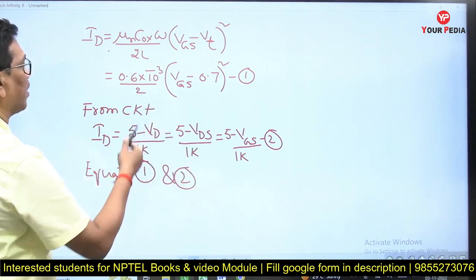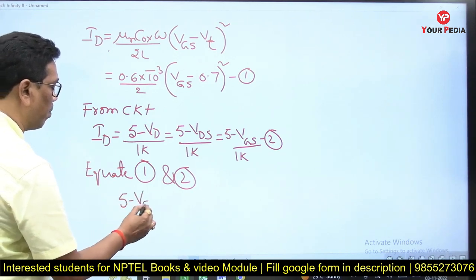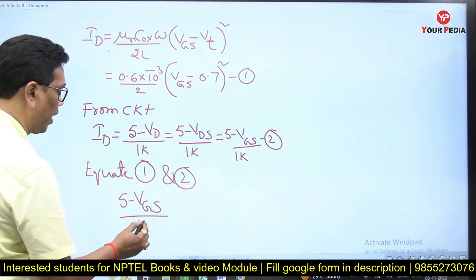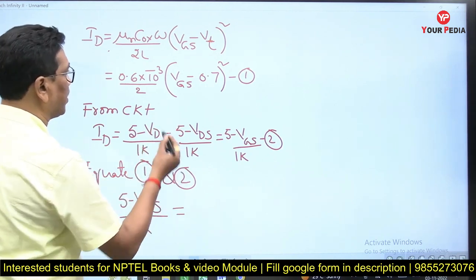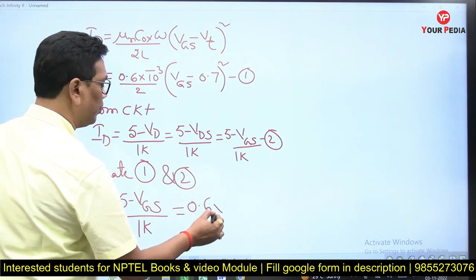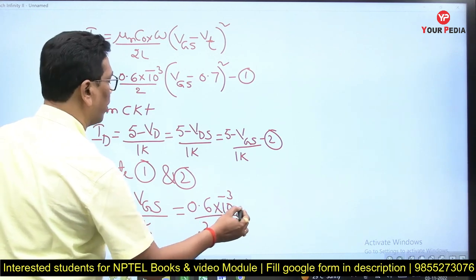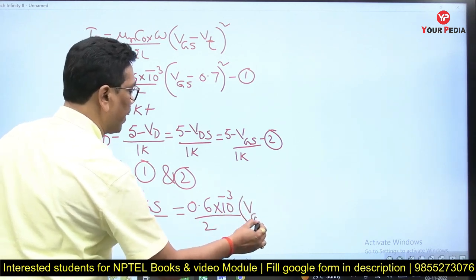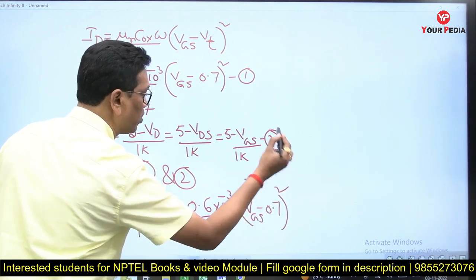So what you can get is (5 minus VGS) by 1K equal to 0.6 into 10 power minus 3 by 2 into (VGS minus 0.7) whole square.